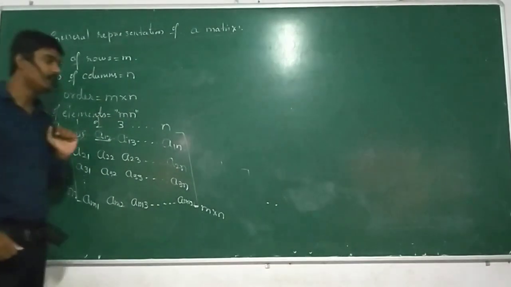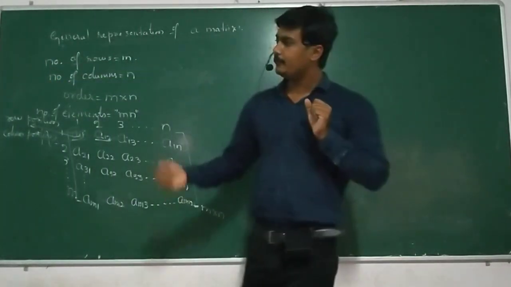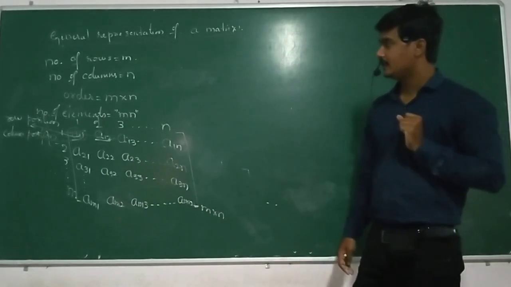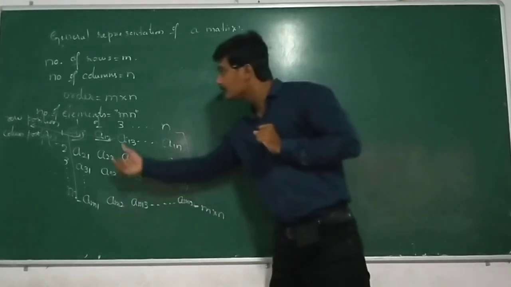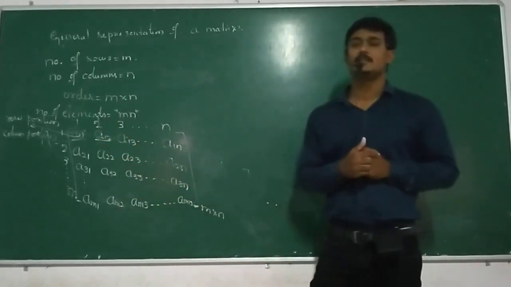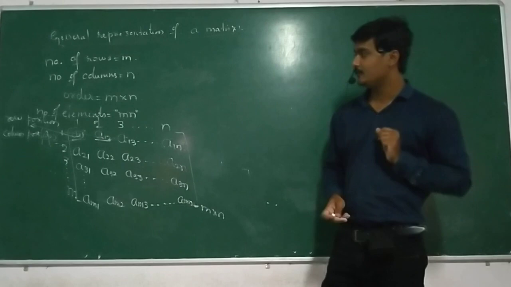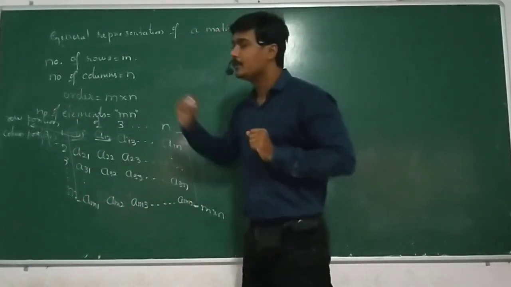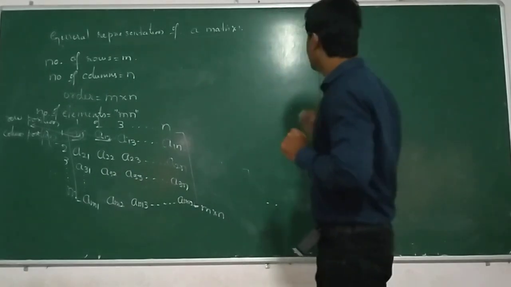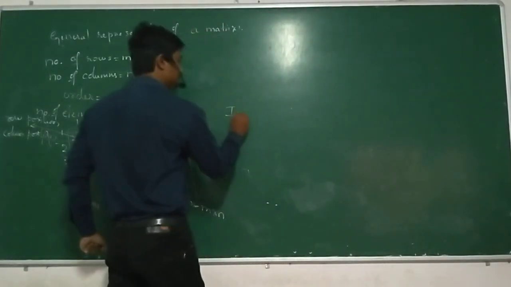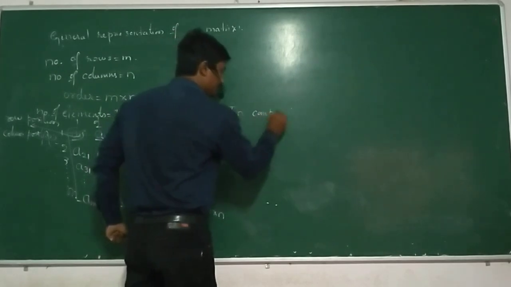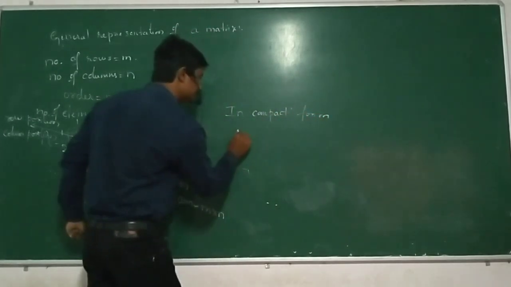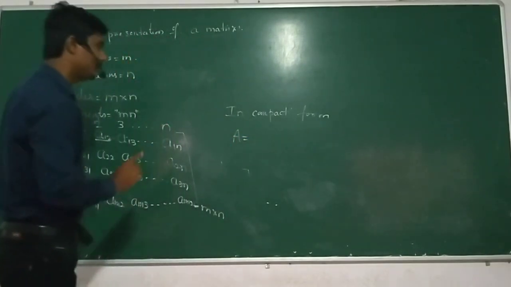Okay. Now a question arises. Sir, if we are asked to write down the general representation of a matrix, are we supposed to write down this complex representation? We have a solution for it. Instead of writing this lengthy general representation, the same matrix is written in a compact form. Are you getting my point?